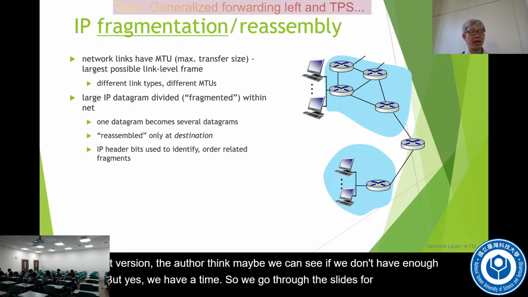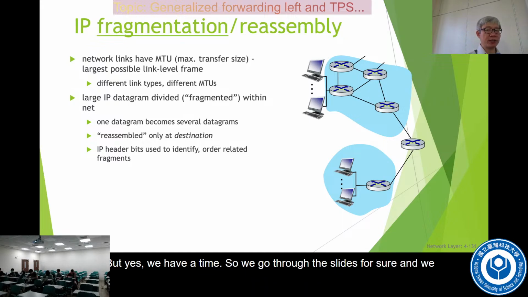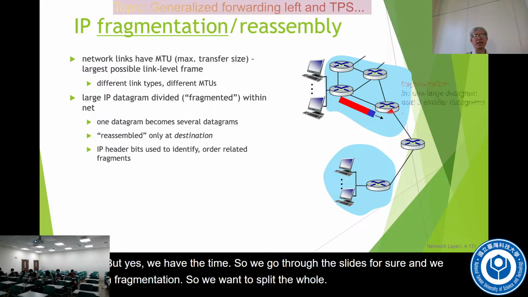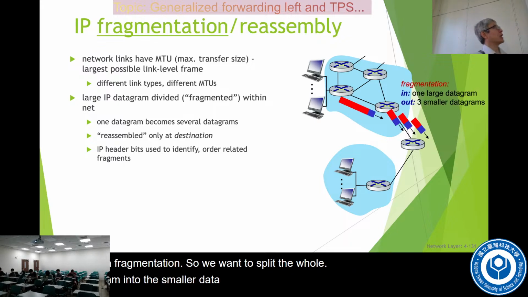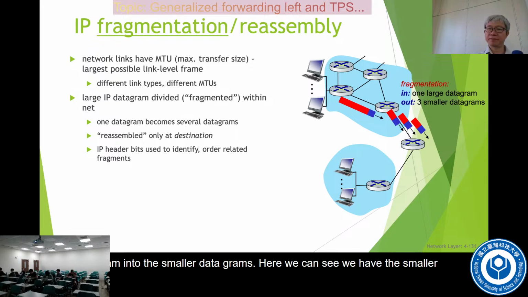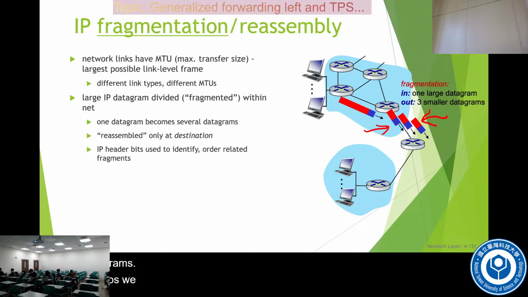We have fragmentation, so we want to split the whole datagram into smaller datagrams. Here, we can see we have the smaller datagrams. Perhaps we have one larger datagram split into 3 smaller datagrams.